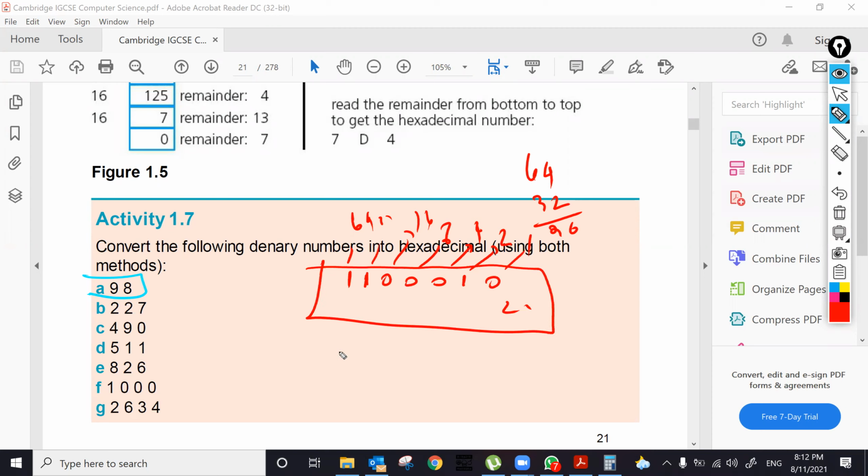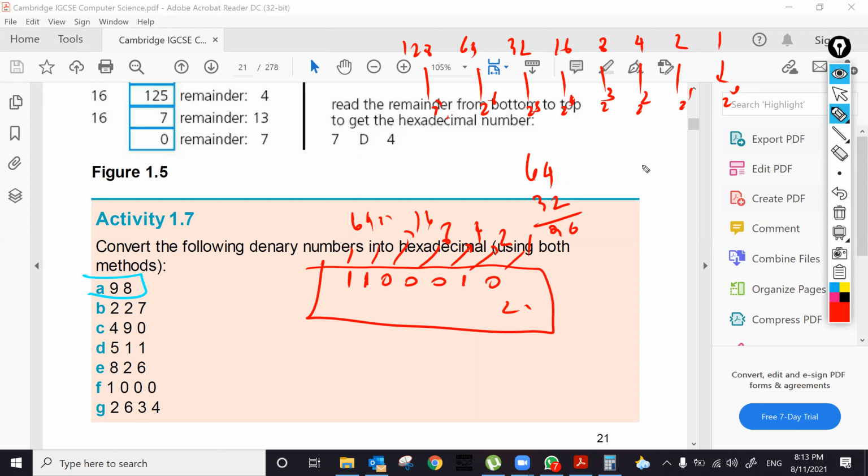I straight away get this one. Sometimes you might get this one straight away, because I have in mind, I know this straight away: 1, 2, 4, 8, 16, 32, 64, 128. I know this 2 to the power 0, 2 to the power 1, 2 to the power 2. I am well aware of this.